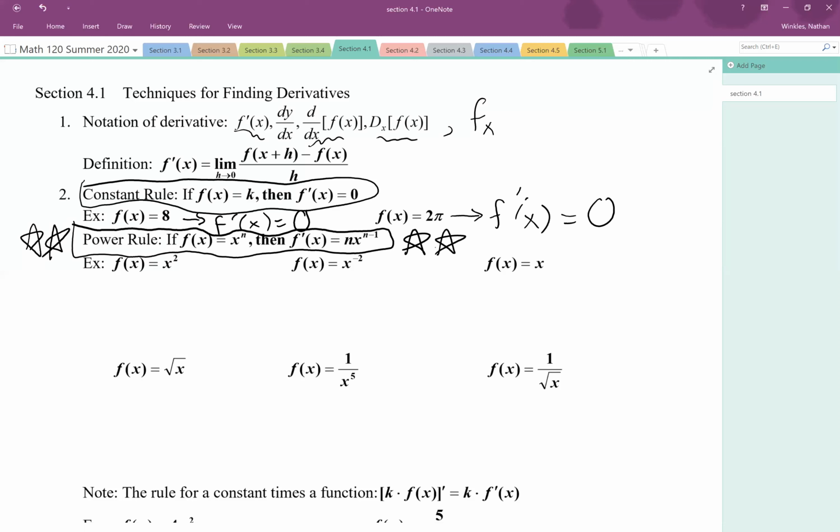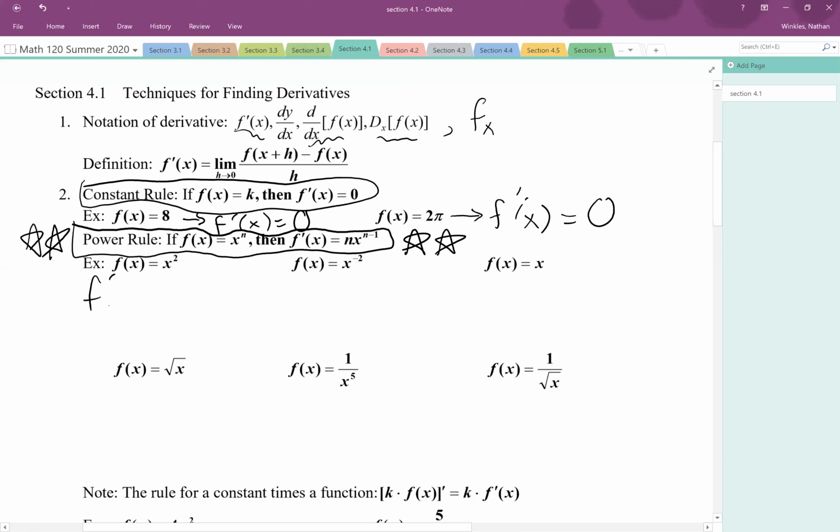If we have f of x equals x to the n, then for our derivative, f prime of x, we take our exponent n and multiply it in front of x to get n times x, and then we subtract 1 from our exponent to get n minus 1. The easiest way to do this is to work some examples so we can see exactly what's going on.